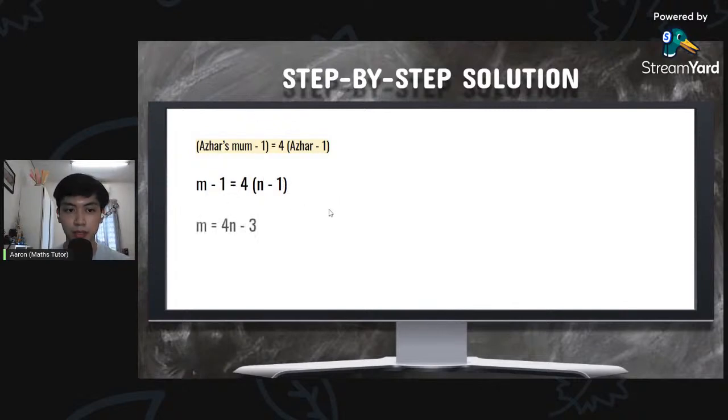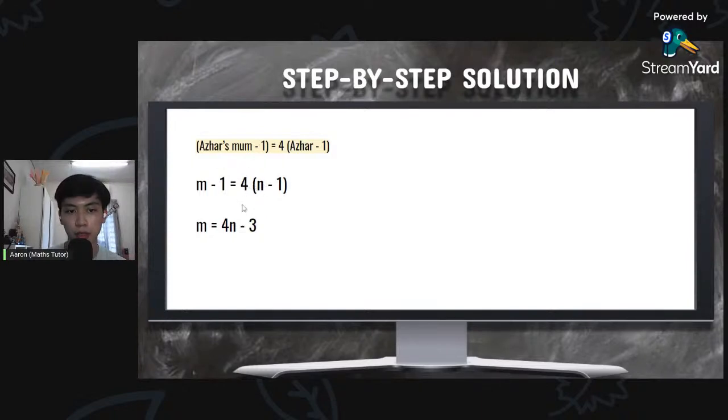So how do we find the m? Because we need to know what's the algebra expression for her mother. So we need to move the other terms to the right hand side. We first do the right hand side first.